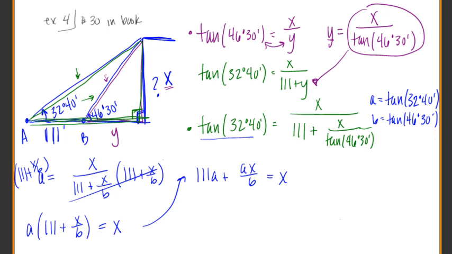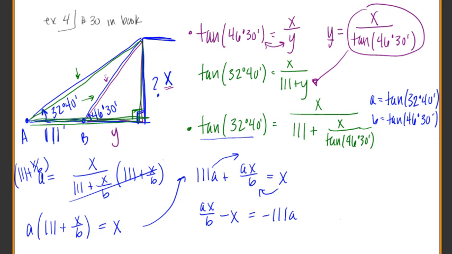So what I want to do is get the two x terms on the same side. So let's move that x over, and then since this has nothing to do with x, let's move that one that way. So I have ax over b minus x is equal to negative 111a.